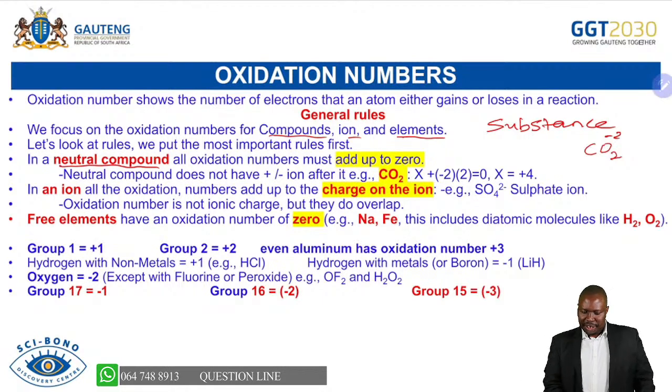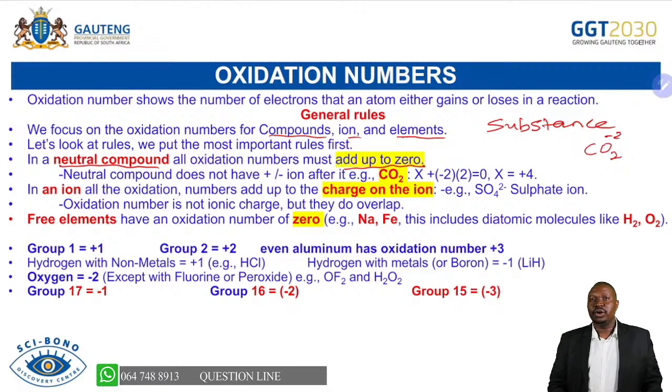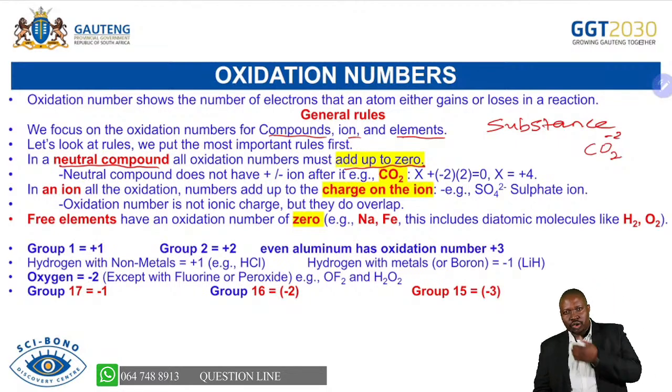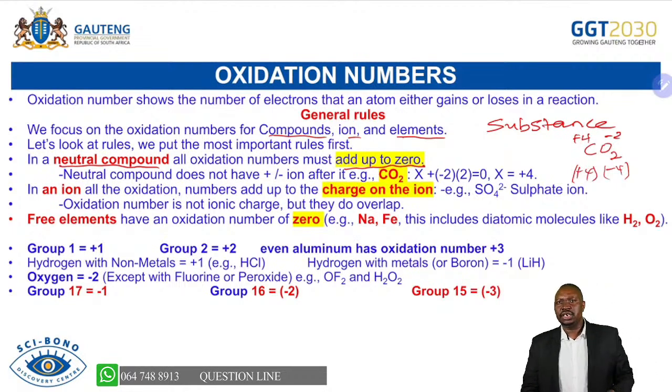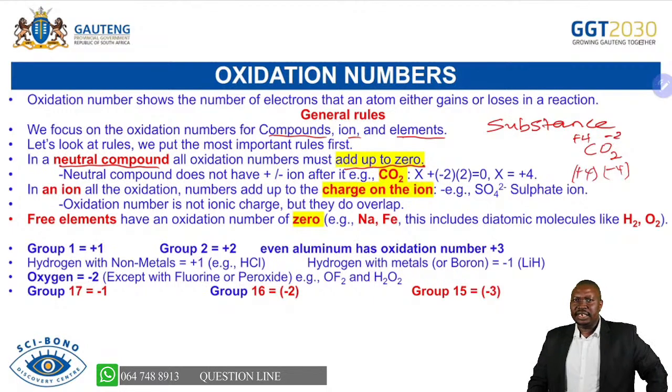So if we check the rule, it says that a neutral compound must add up to 0. As long as it's neutral, it must add up to 0. So if you have -2, but you have 2 oxygens there, this will be -4, which means to get 0, you must have +4, which means carbon will have an oxidation number of +4. So always remember that when we have oxygen, it is more likely to be negative.